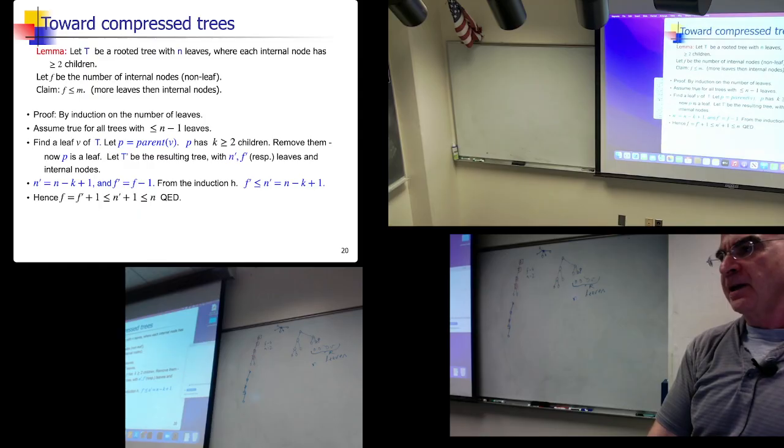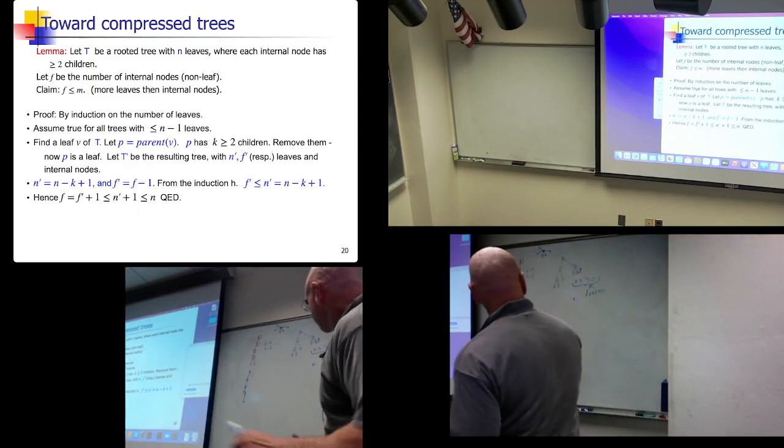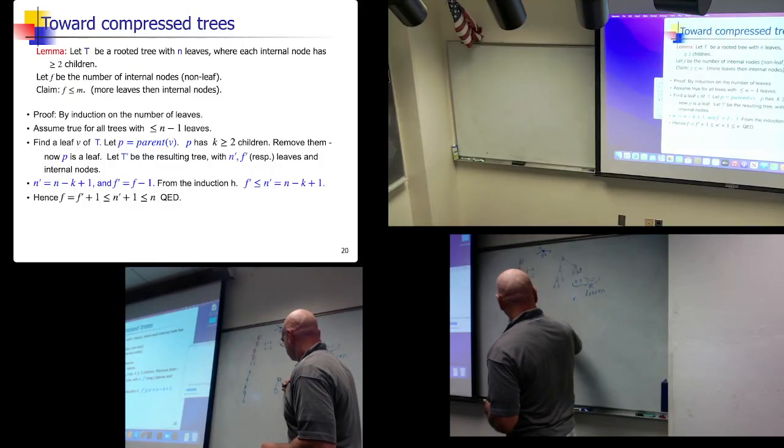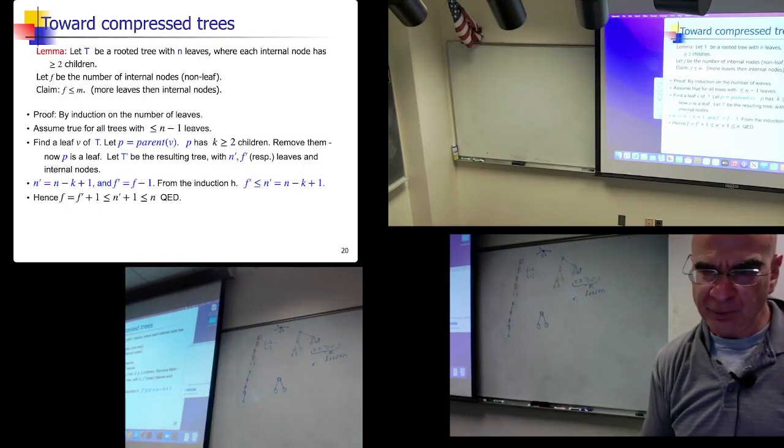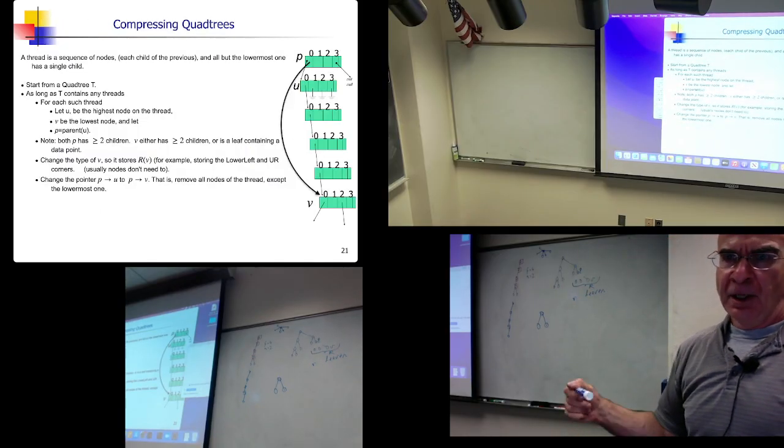The minimum we can get is the number of nodes minus 1. Right, proof by example. 2 leaves, 1 internal node. And if you try to play with this, it will still say the same relationship.